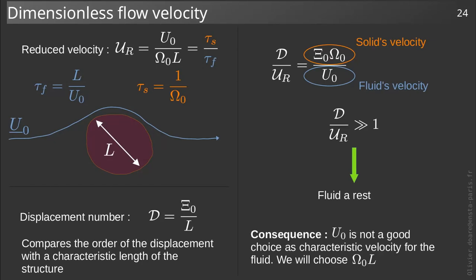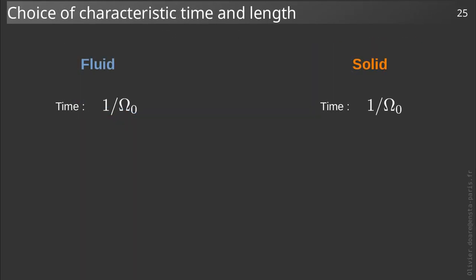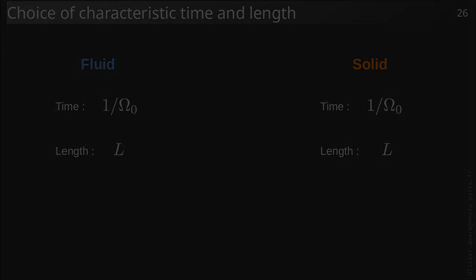Consequently, it is no longer relevant to choose u0 as the characteristic velocity for scaling the equations. We must therefore change our choice of characteristic dimensions. In all the studies with fluid at rest, we will use a single characteristic time for the dimensioning, 1 over omega naught. And the characteristic length will always be L in the fluid and the solid.